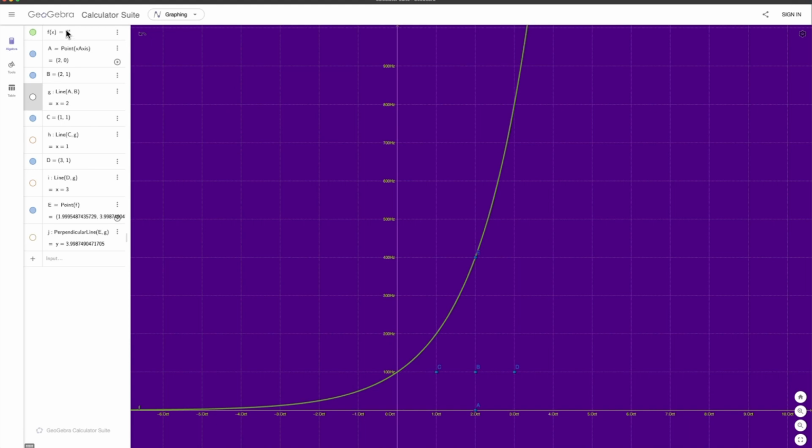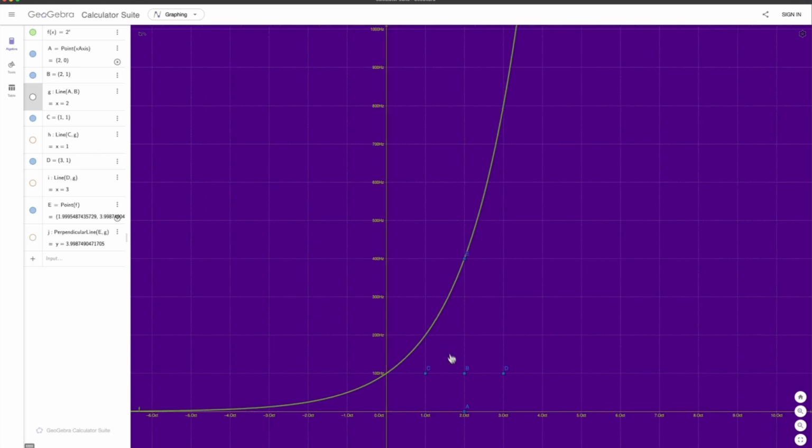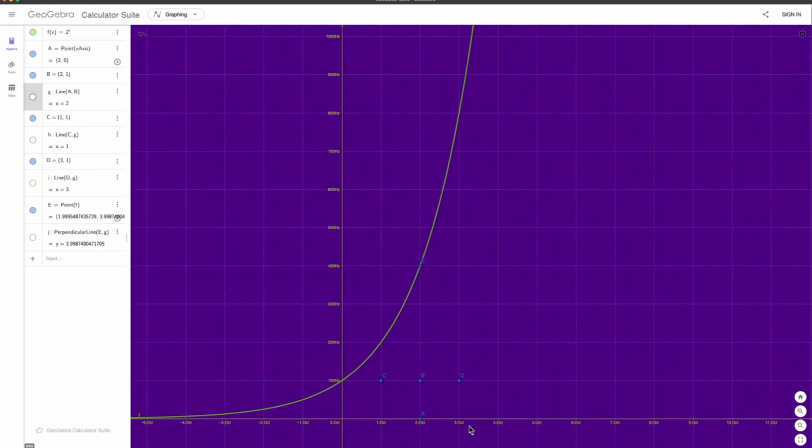For those interested, that's the formula: f(x) = 2^x, which in other words means we have a doubling of the frequency every octave. So the first octave in this case would be at 200 hertz. The second octave would be at 400 hertz. The third one already at 800 hertz.